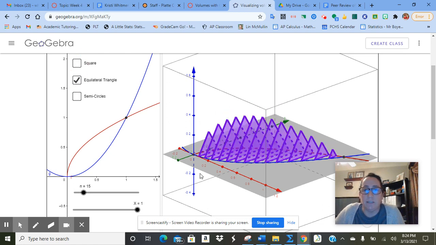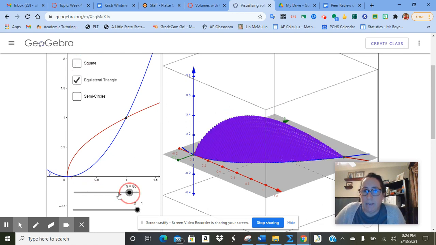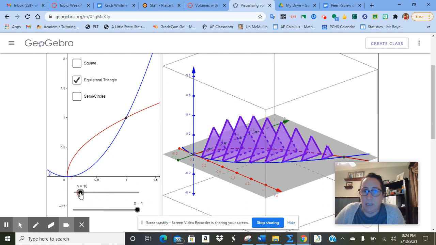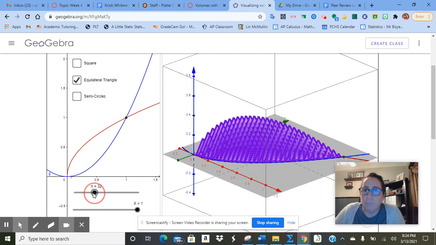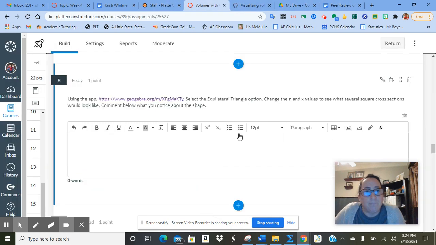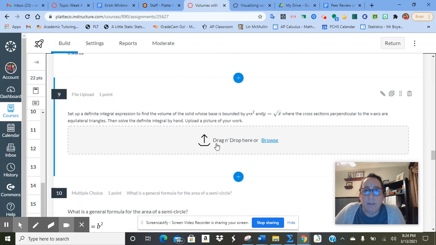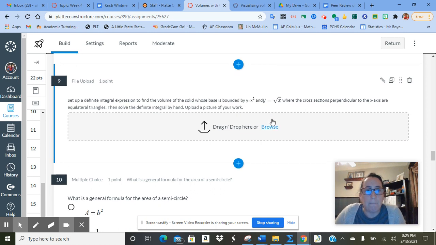Let me get rid of the squares. They can play around to see the shapes and how it's a little bit different. So they're going to be getting a little bit different volumes as they go. And then I have them set up everything, like I said, where they actually solve the definite integral and take a picture where I can look at it.